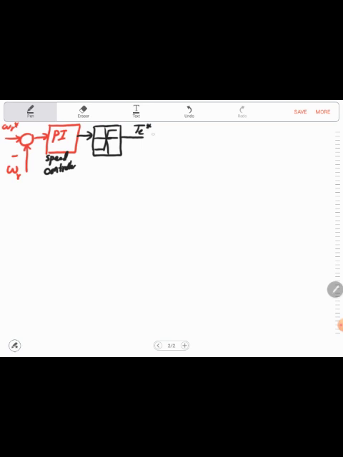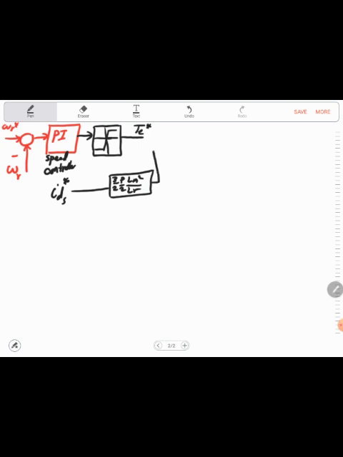So if we have ID SE reference, which we can calculate from the rating condition of the machine, we can multiply it by the constant, which is 3 over 2 P over 2 Lm square over Lr.